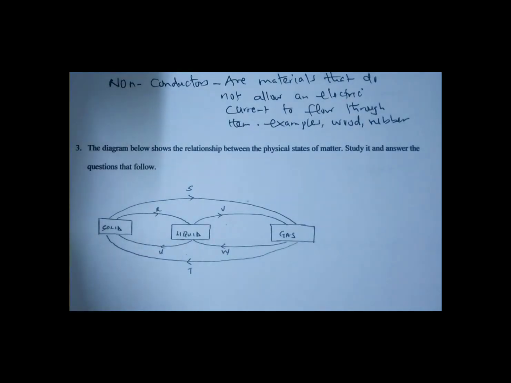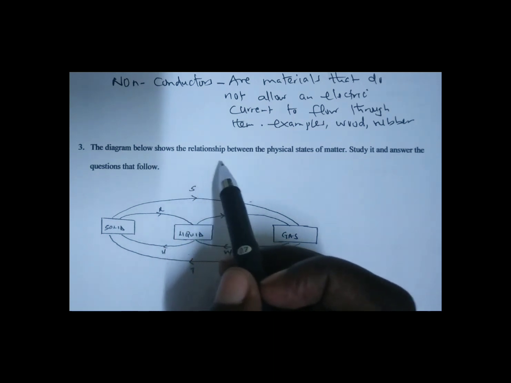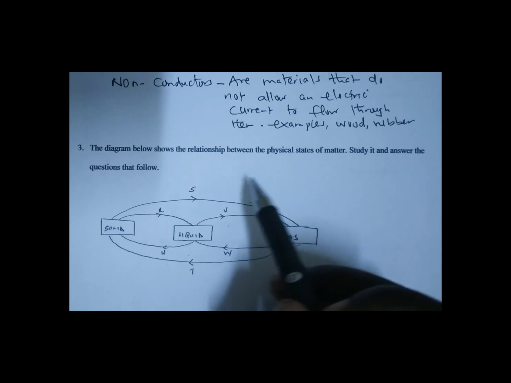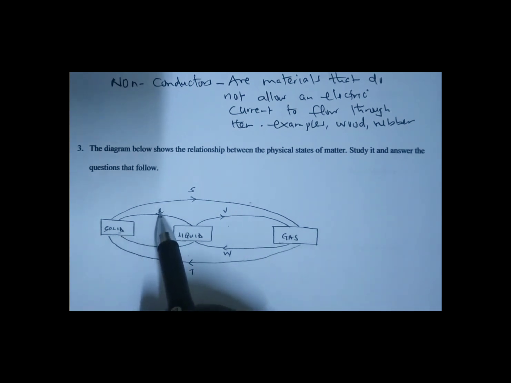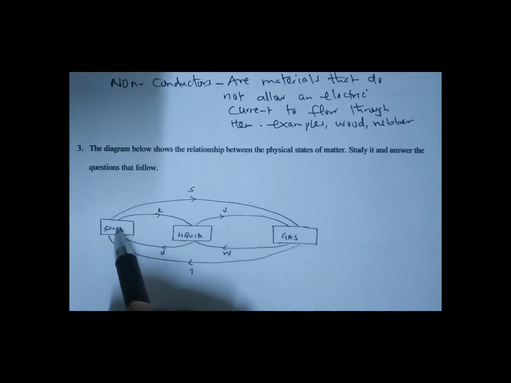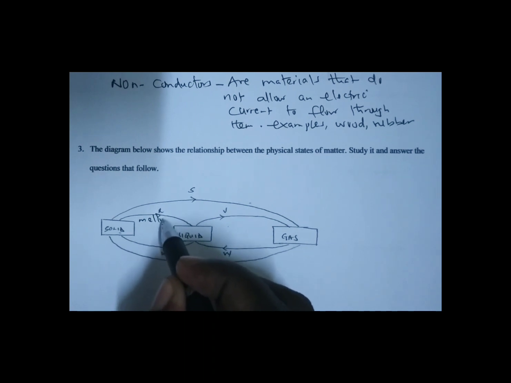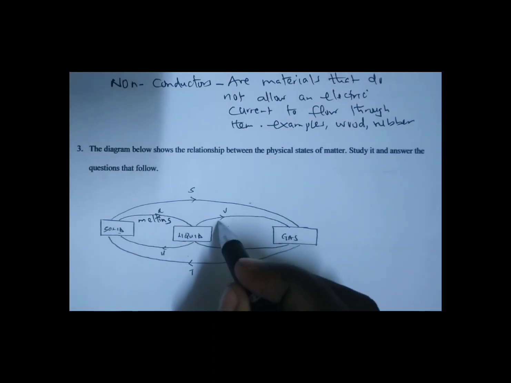Question number 3. The diagram below shows the relationship between the physical states of matter. Study it and answer the questions that follow. We have the 3 states of matter, namely solid, liquid, and gas. We have process R, which is the change of a solid to liquid, we call it melting. The change of a liquid to gas, we call it evaporation.